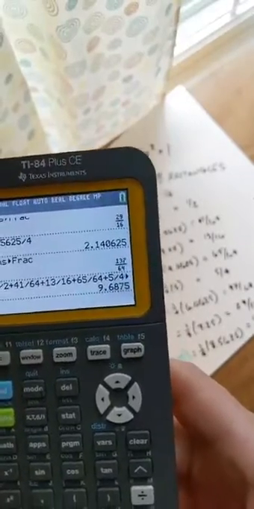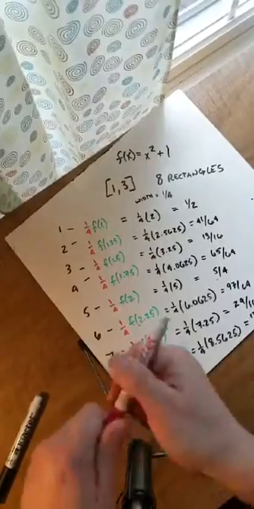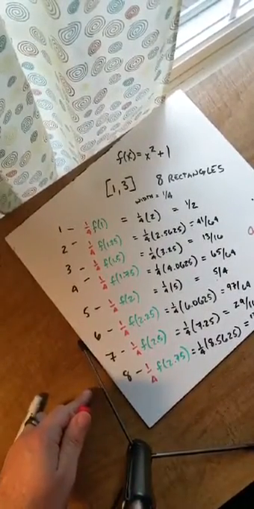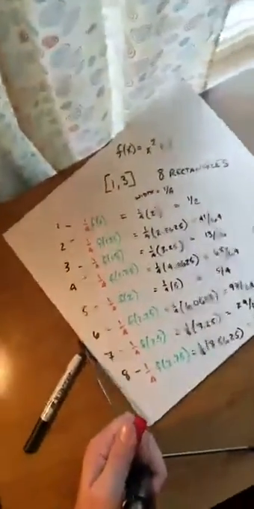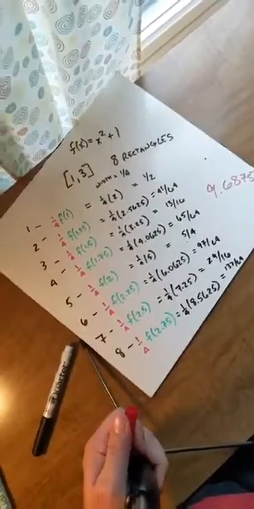We get 9.6875. All right, 9.6875 should be the left bound.